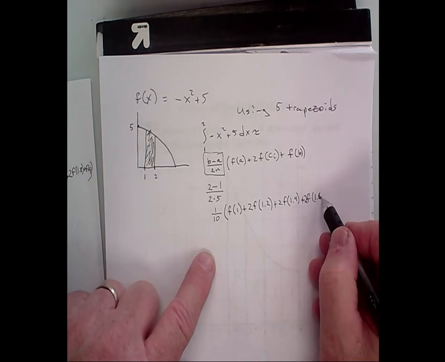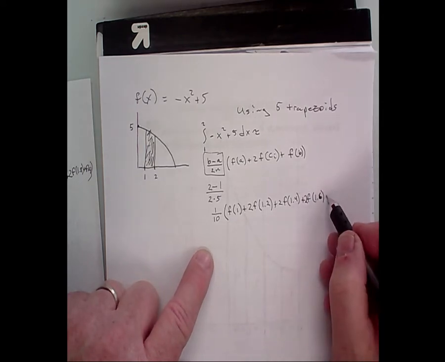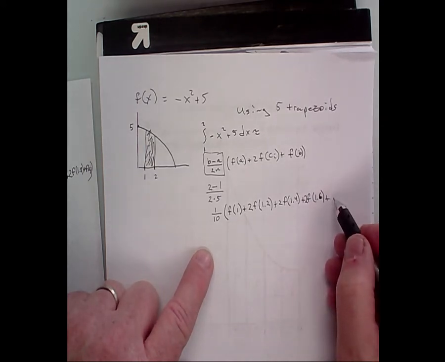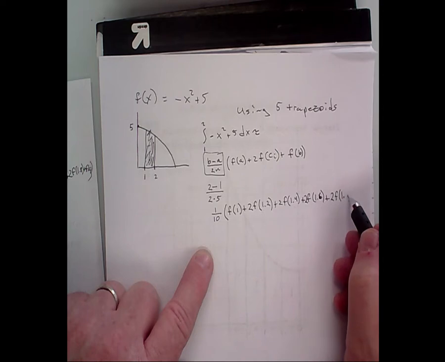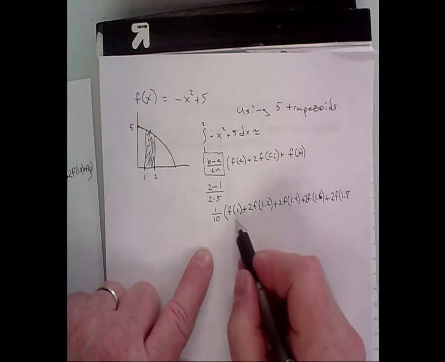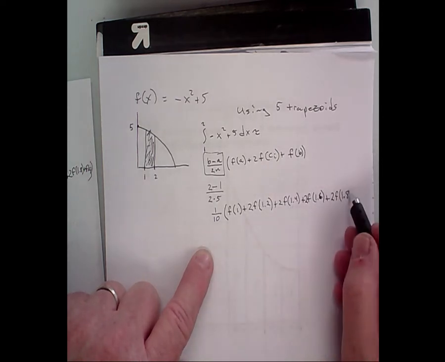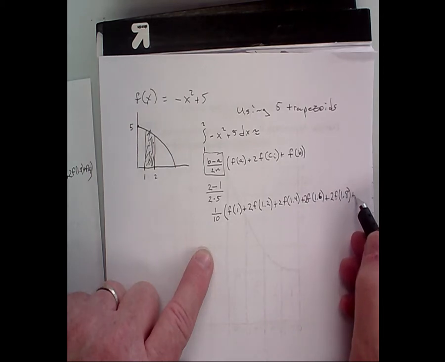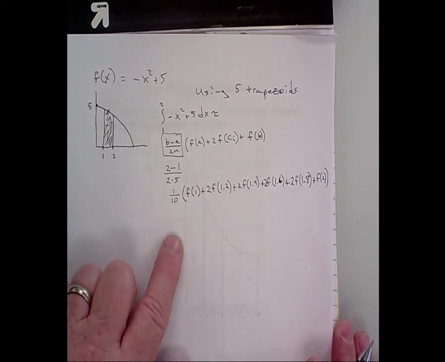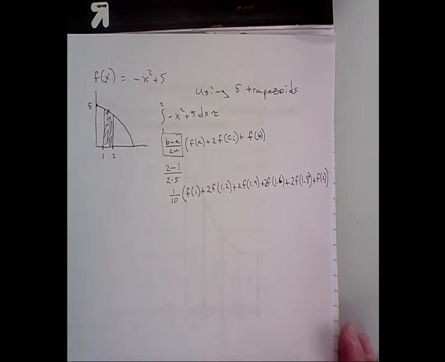Do I keep going? You need F of 2. So I gotta keep going. 2 times F of 1.8, because I'm going up 0.2 every single time, right? Till I get to 2. And now I'm at 2, so it's just F of 2. Correct?